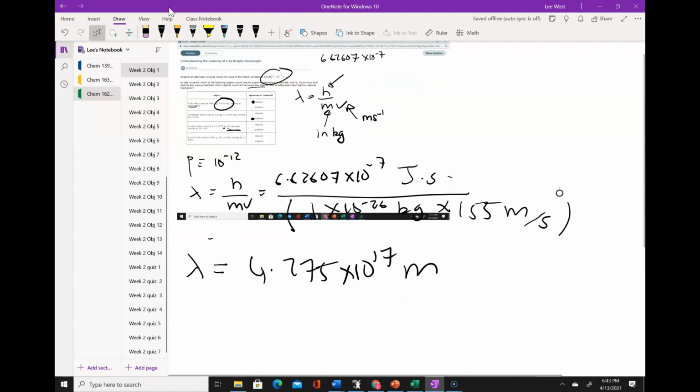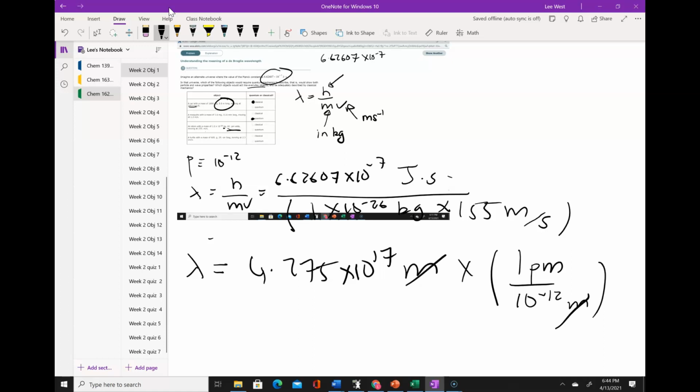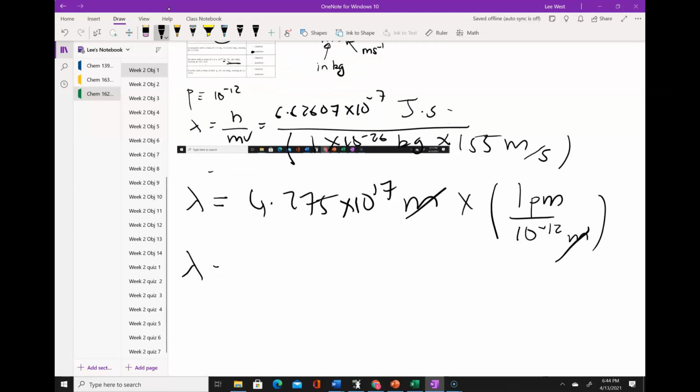Now, if you don't believe me, we can turn this to picometers. 1 picometer, we've got to be careful, it's a lowercase p, is 10 to the minus 12 meters. Remember, those decimal prefixes are given in ALEKS for you, so you don't have to worry about memorizing them. And so that's just going to end up being 4.275 by 10 to the 29 picometers.